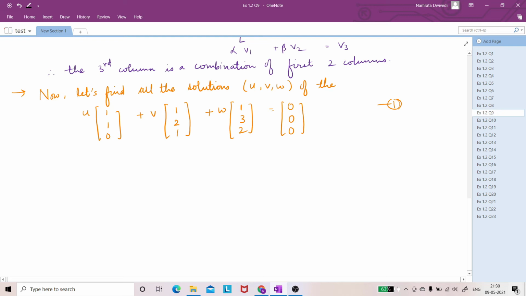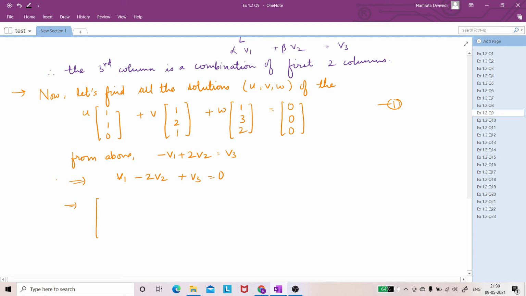So we have seen that we were able to express V3 using V1 and V2 in the previous part. So what was that? From above we get minus V1 plus 2V2 is equal to V3, which is equivalent to, I'll change the signs, basically V1 minus 2V2 plus V3 is equal to 0. This is right.